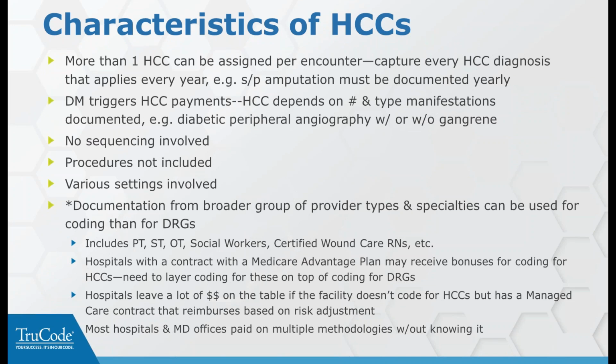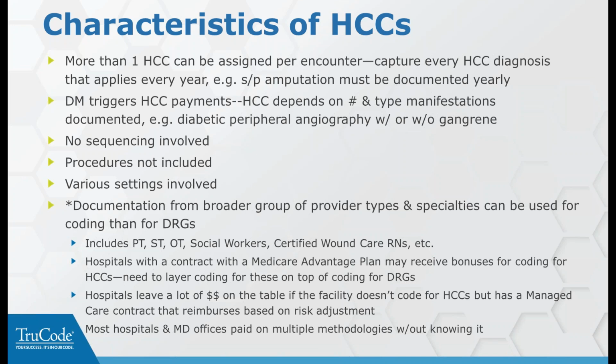So the characteristics of HCCs: you can have more than one HCC assigned per encounter. That's similar to the way we have multiple APCs that can apply to an outpatient encounter. Basically, to get the best risk adjustment impacting your reimbursement, you need to capture every applicable HCC diagnosis every year.